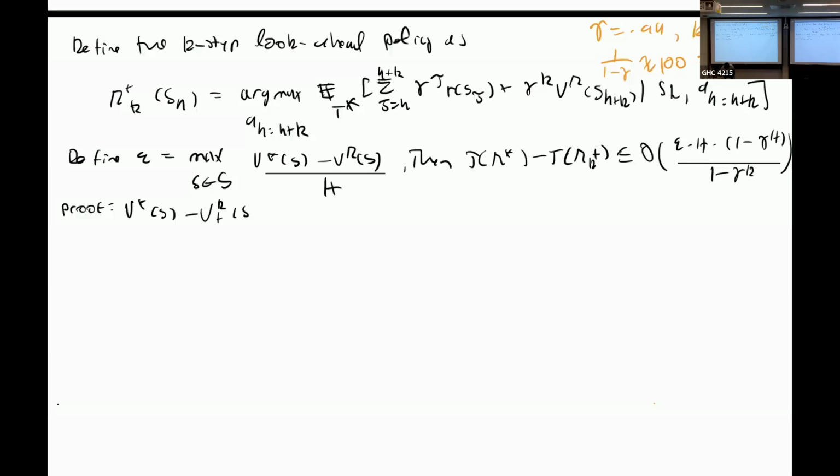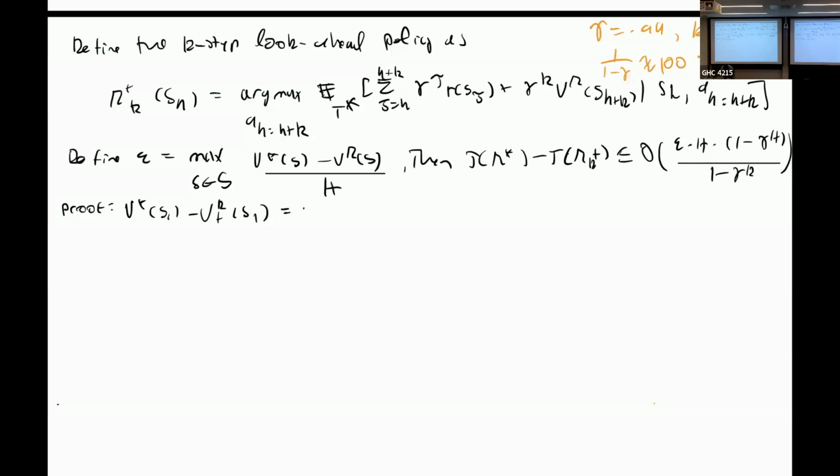Of some state, let's call it s1, we can just expand this out in terms of the definition of what a value function is. So I'm going to expand it out into the discounted cost for the next k steps plus the value function k steps into the future.